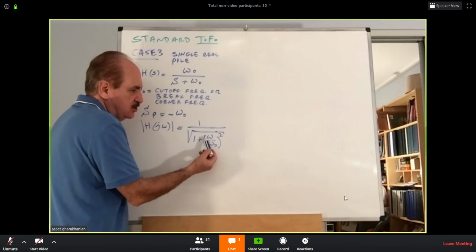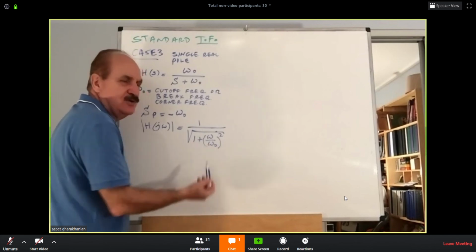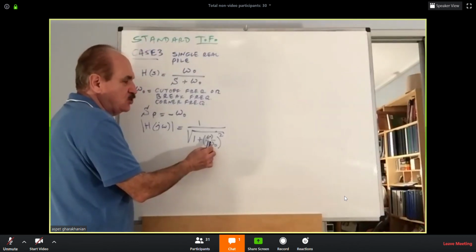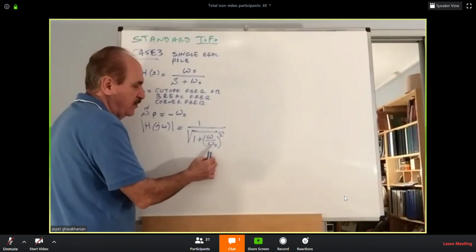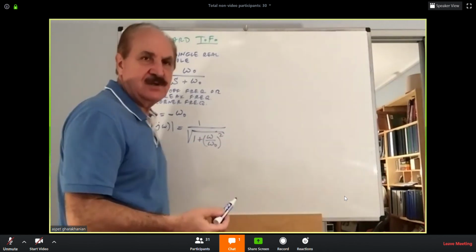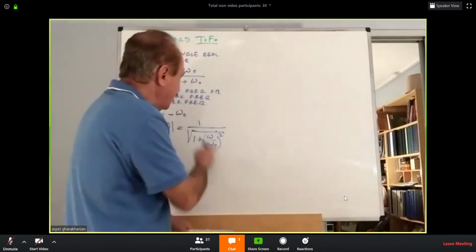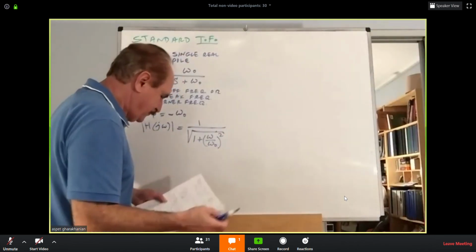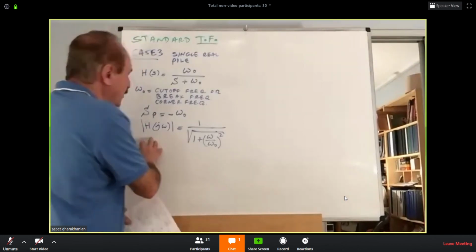All it takes is just a 2 pi. So the ratio doesn't change anyway. Whether you write actual Hertz frequency over f cutoff, or you write omega over omega O, the shape of the function is not going to change. It's the same thing. Okay, so we got that.